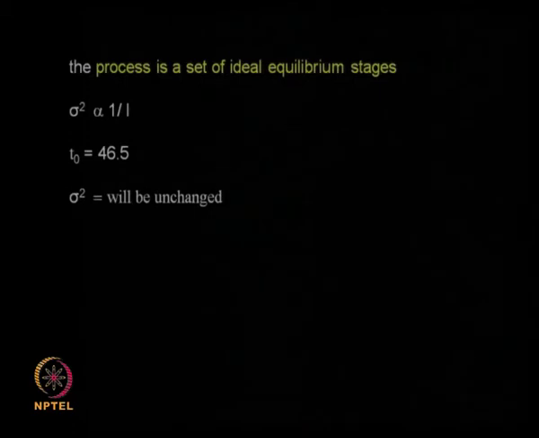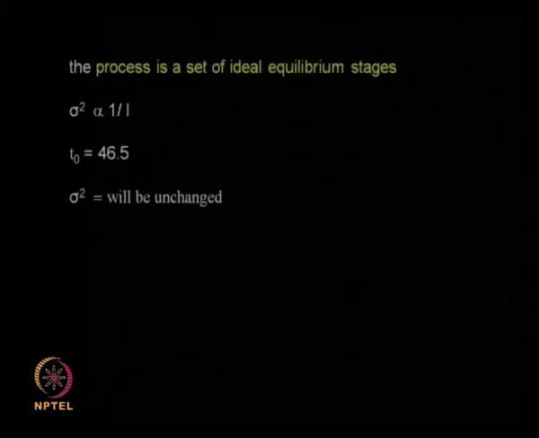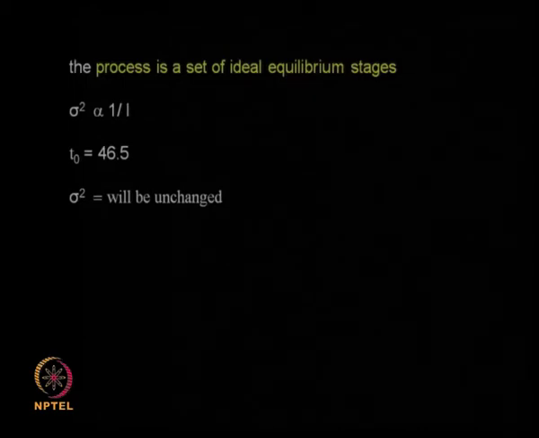So from stage 1 output goes into stage 2, and from stage 2 output it goes into stage 3 and so on. There is an interaction between the solute in each stage and the corresponding stationary phase. So there is an equilibrium in each stage between the solute in the continuous phase and the solute in the stationary phase. That is called an ideal equilibrium stage process.